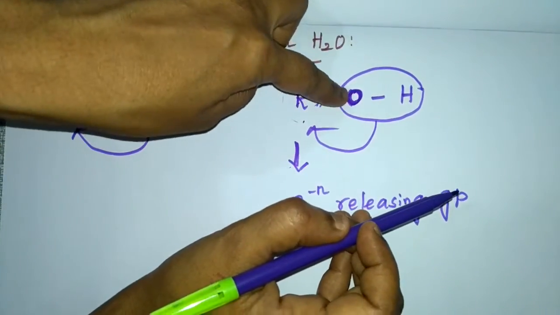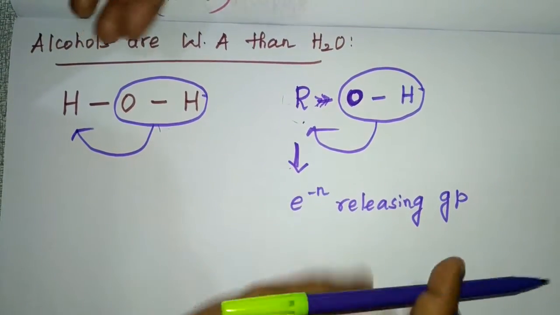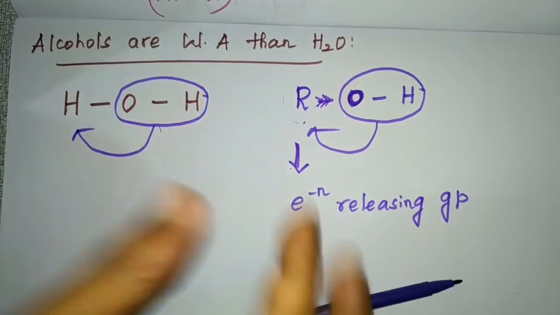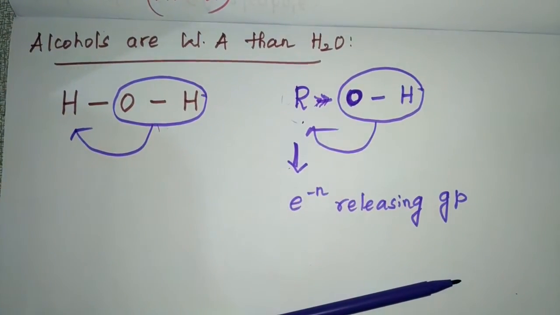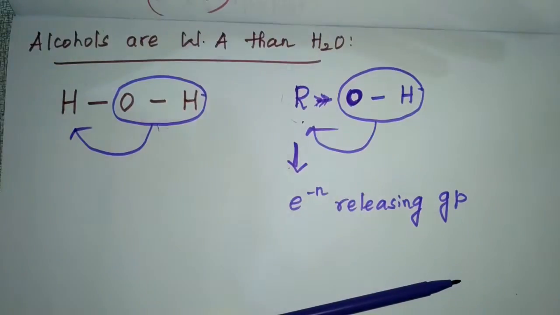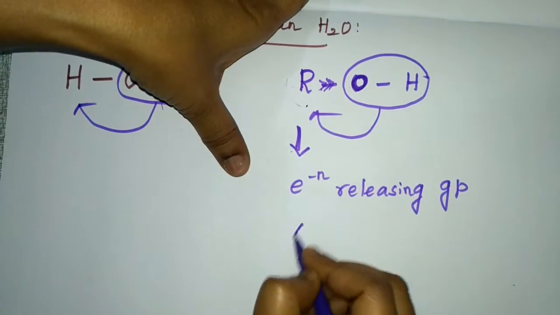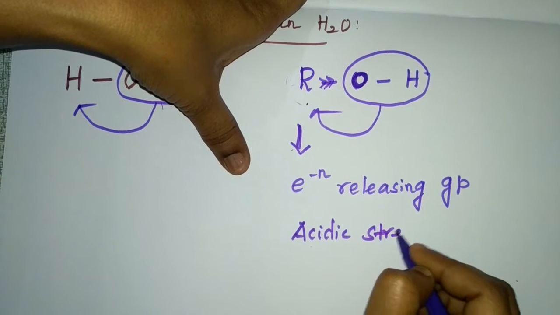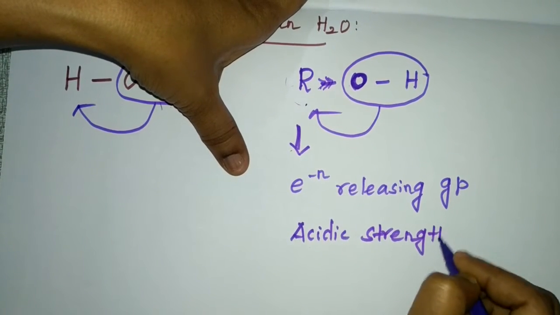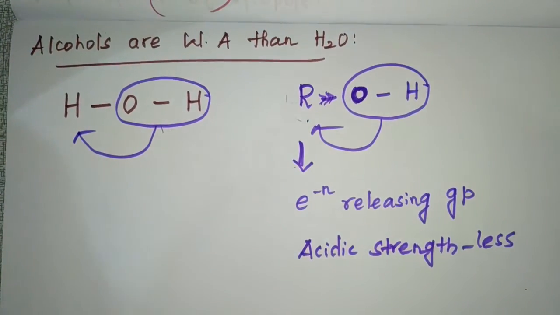So this oxygen will not take the electrons from hydrogen. The release of H plus from this alcohol molecule becomes very difficult. So it ionizes to a less extent, and the acidic strength of alcohol is less compared to that of water.